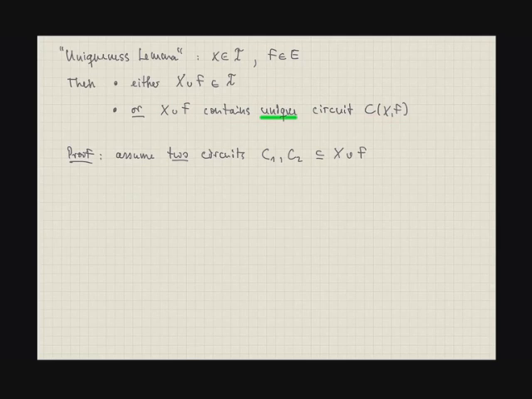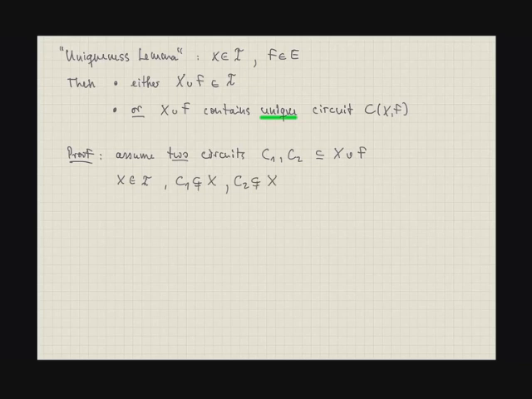So for the sake of contradiction, let's assume we have two different circuits, C1 and C2, contained in X including this new element F. Now, because X was actually an independent set, it cannot be the case that C1 is contained in X, and it can also not be the case that C2 is contained in X, because X is an independent set, whereas C1 and C2 are circuits.